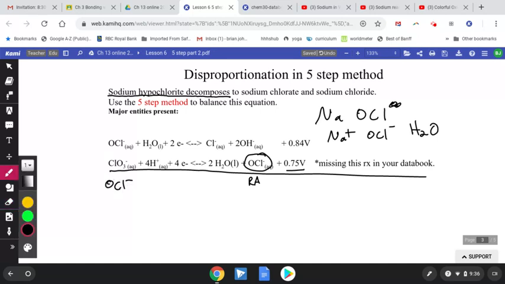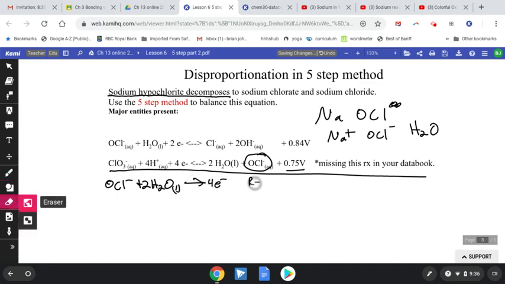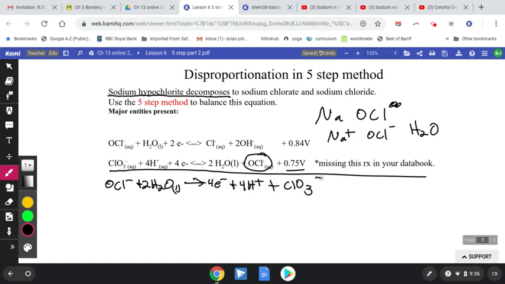OCl minus is the reactant as the reducing agent, losing 4 electrons, and 4H plus and ClO3 minus. So there's our strongest reducing agent. And there's our strongest oxidizing agent gaining electrons, and here's our strongest reducing agent losing.